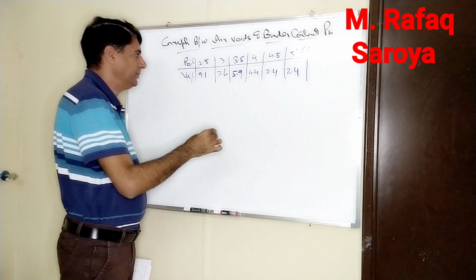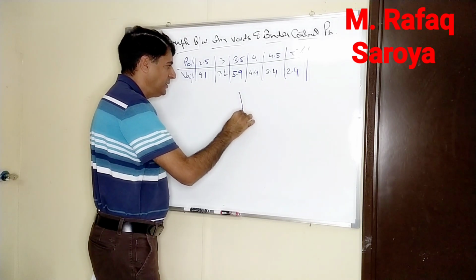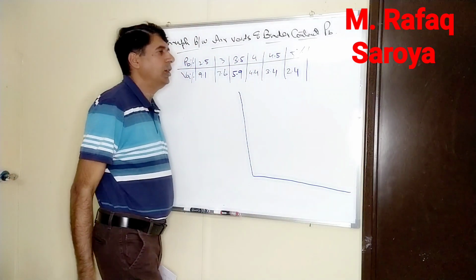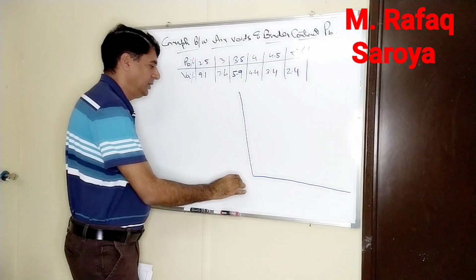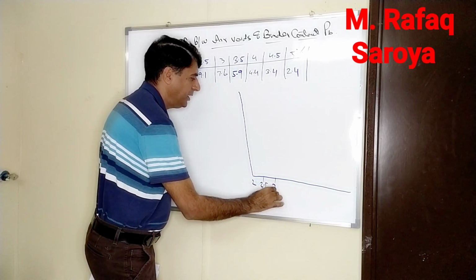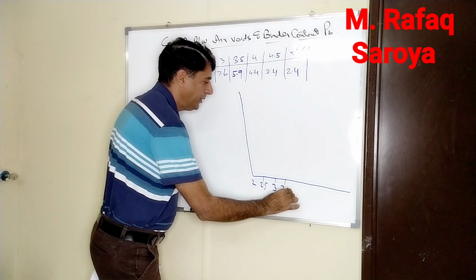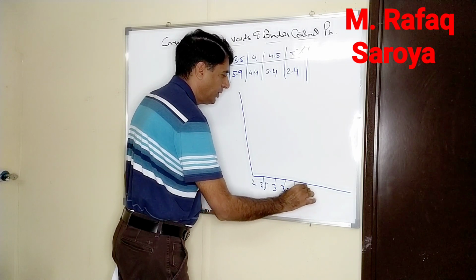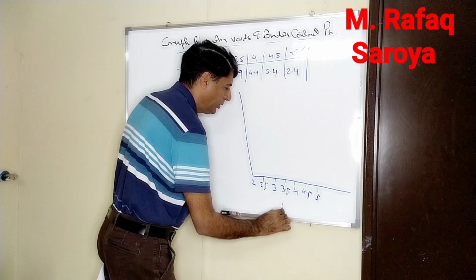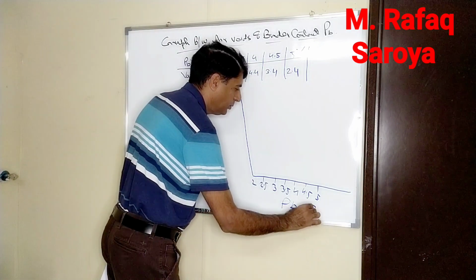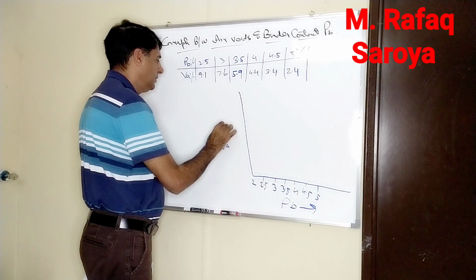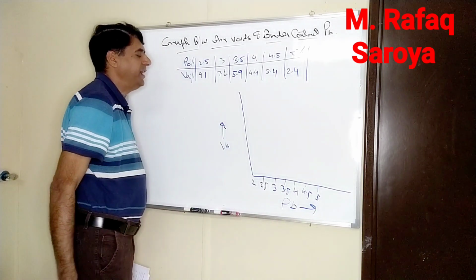If I draw the graph between these two quantities, let us see how the graph looks. It is 2, 2.5, 3, 3.5, 4, 4.5 and 5. This is the amount of PB going in this direction, and air voids going in this direction along the y-axis.